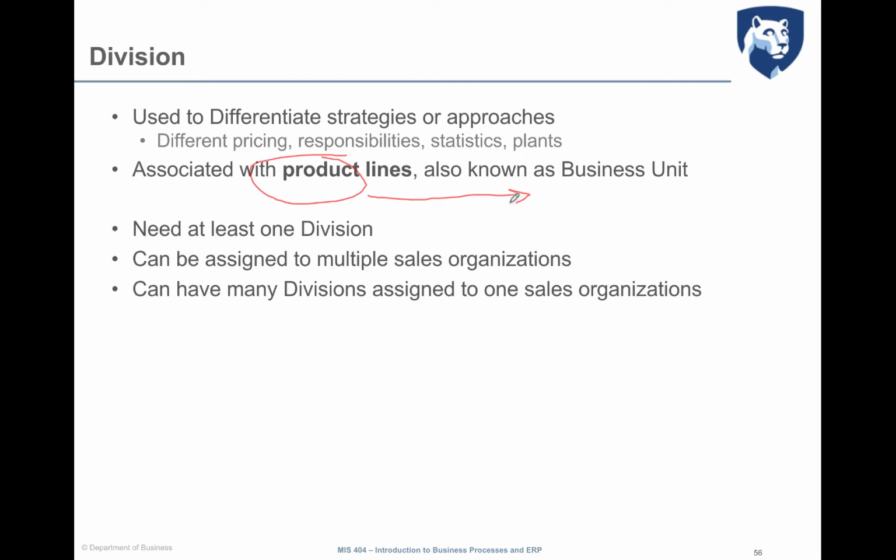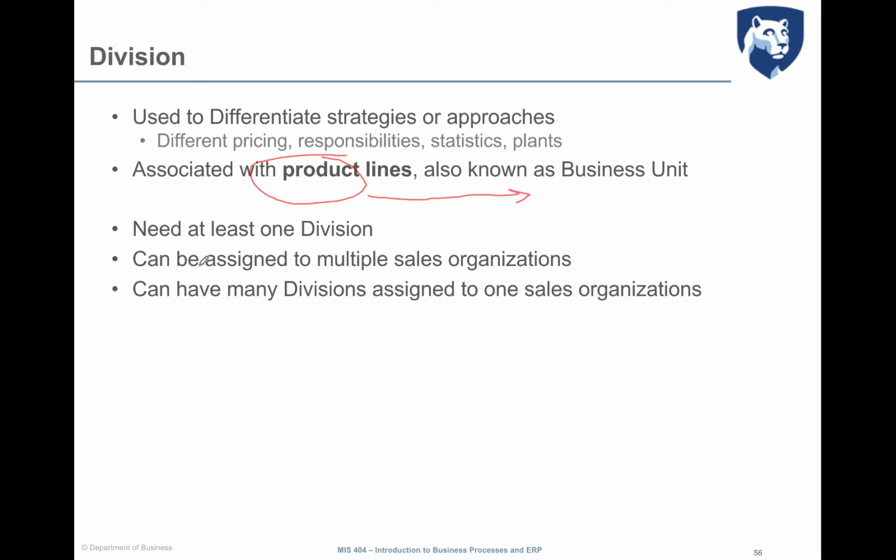A product, or of course a family of product or a product line, can be assigned to one division only, because otherwise the organizational logic will fall, and each business unit or division can employ its own sales strategy and its own sales organization by defining its pricing strategy, its distribution strategy, its marketing strategy, and so on.